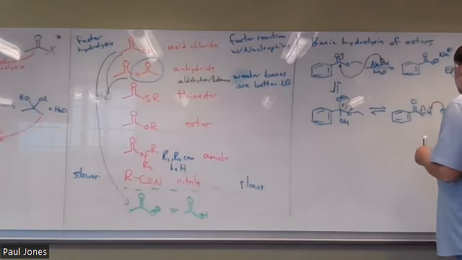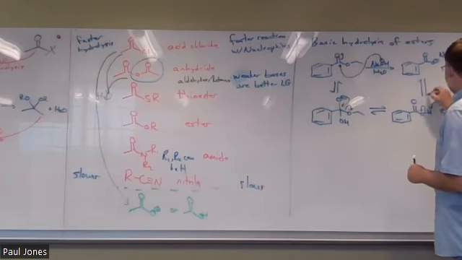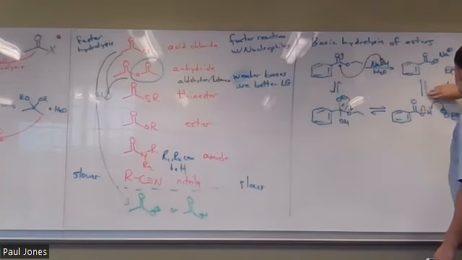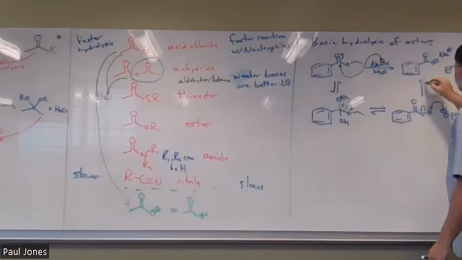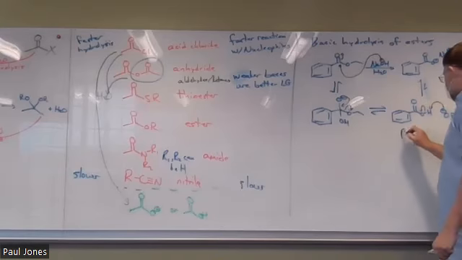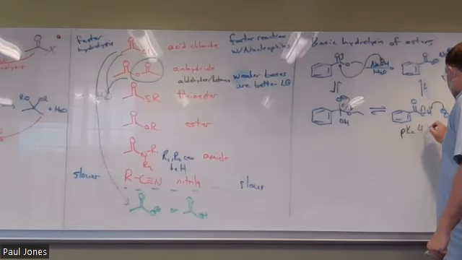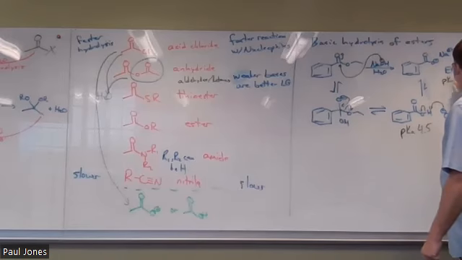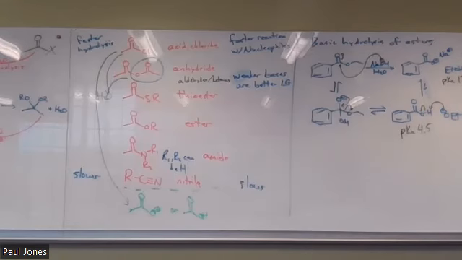Okay, so I'll draw this as an equilibrium, but it's a very favorable equilibrium for the products. All right, so this acid-base reaction, remember the pKa of benzoic acid is going to be like 4.5. pKa of the ethanol is 17 or 16 or something like that.